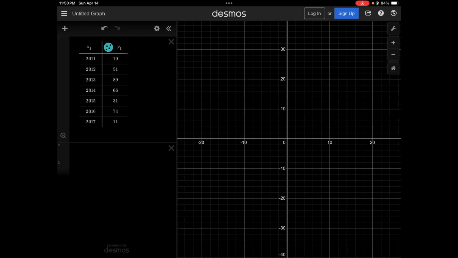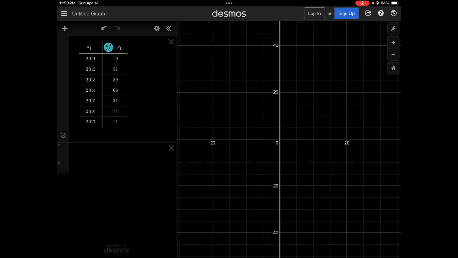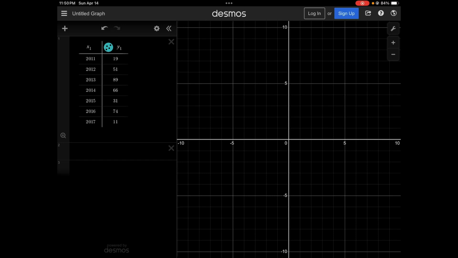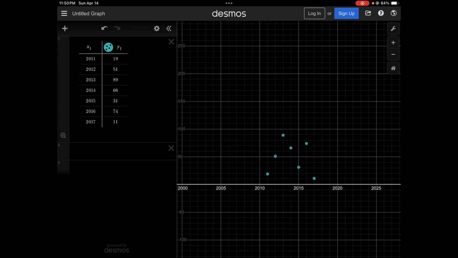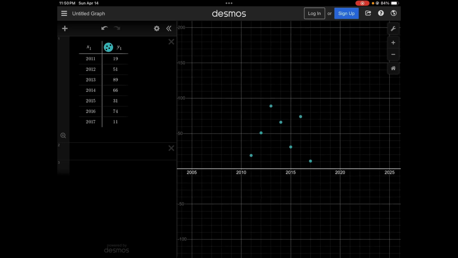Now we really have to change the horizontal scale. And how do we do that? You see this plus on the bottom of the table on the left. If I click that, it's going to give me those points. Okay, so this is what I get.